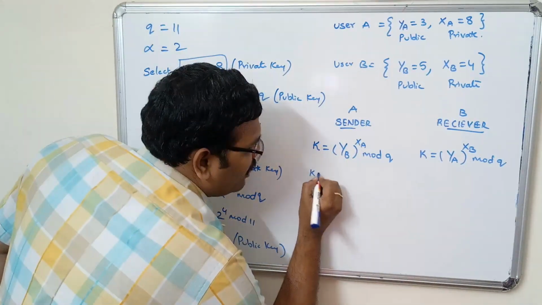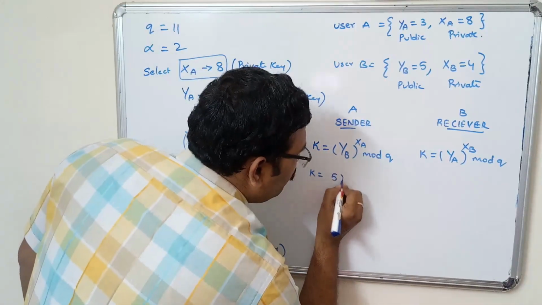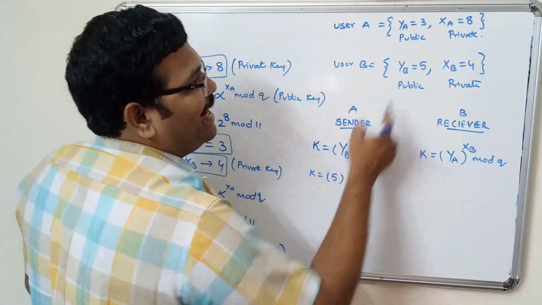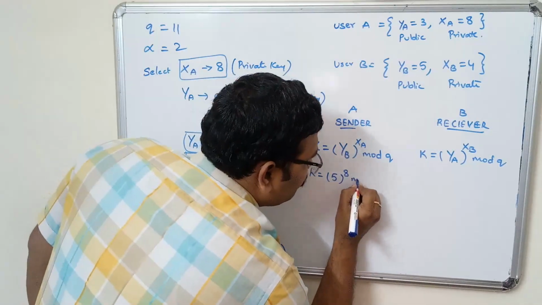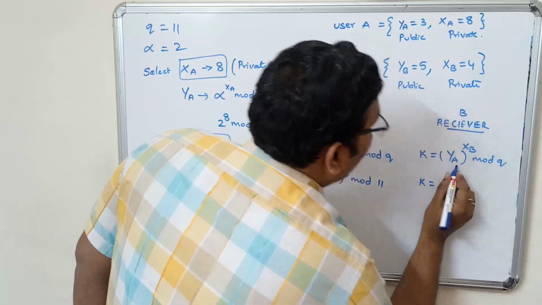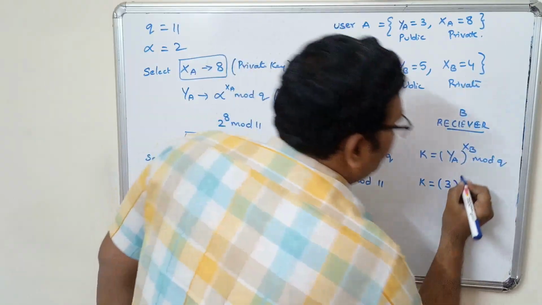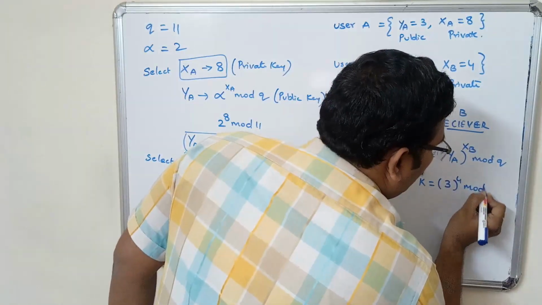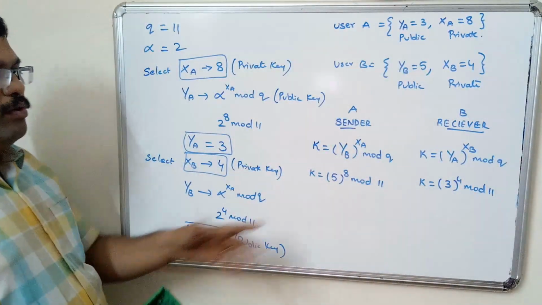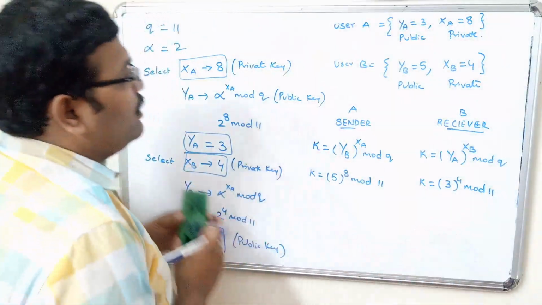So let us calculate. YB is 5, so 5 power XA, which is 8, mod 11. And here YA is 3, so 3 power XB, which is 4, mod 11. We have to calculate this and we should get K as equal on both sides.